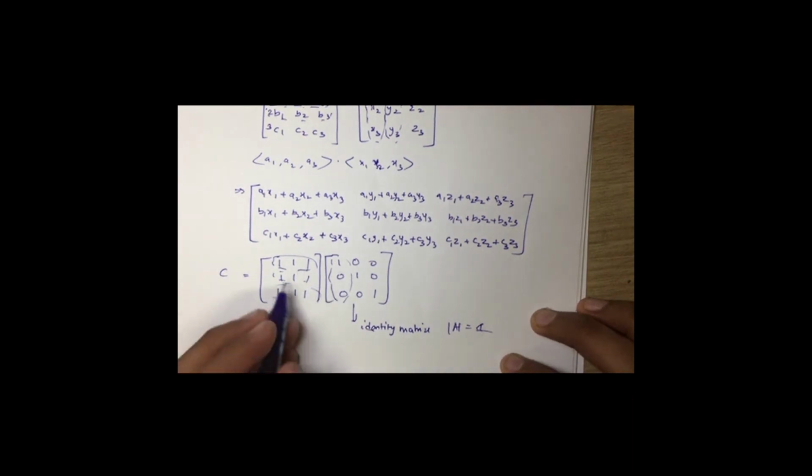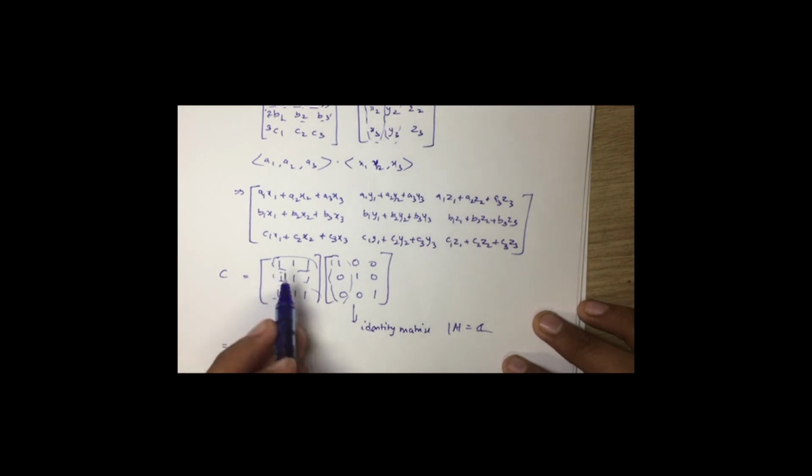So in this case, we get 1 again, because 1 into 0 is 0, 1 into 1 is 1, 1 into 0 is 0 again. So basically what we saw is, on multiplying these two matrices, we get this matrix.